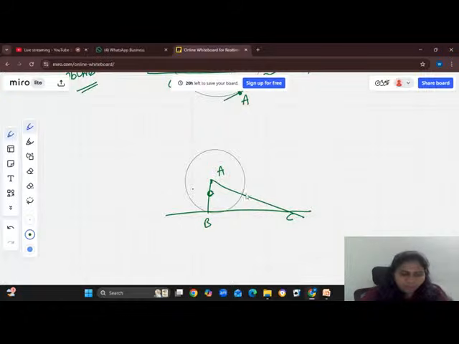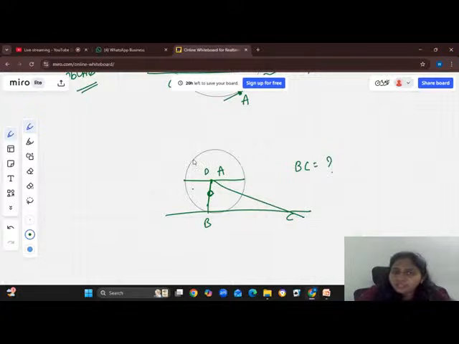Now they will ask you to find the length of BC. This is a simple question. This is the radius. You have to know the diameter. What is the diameter? The diameter passes exactly through the center. This is my diameter.